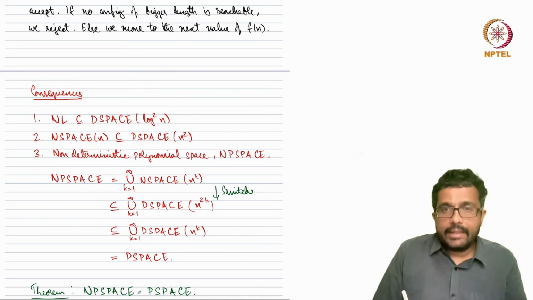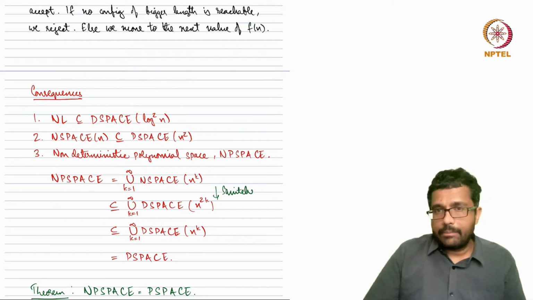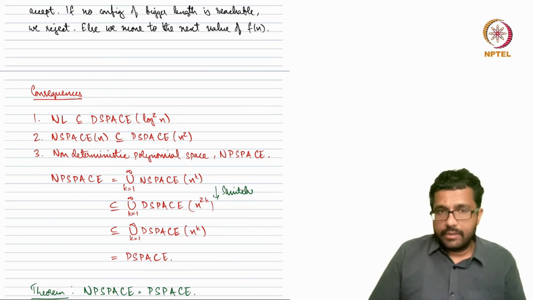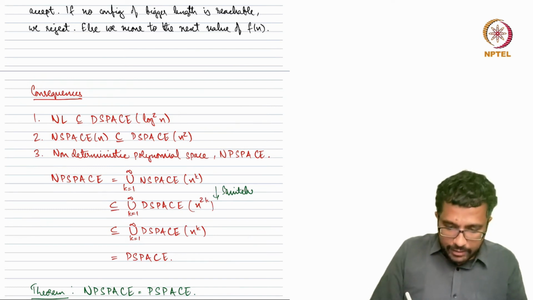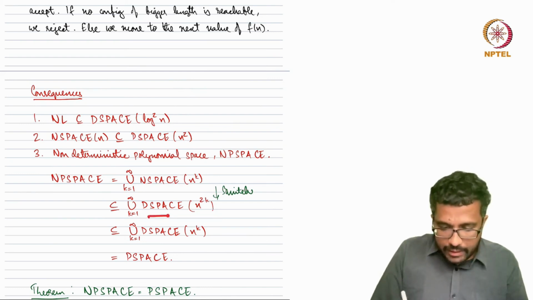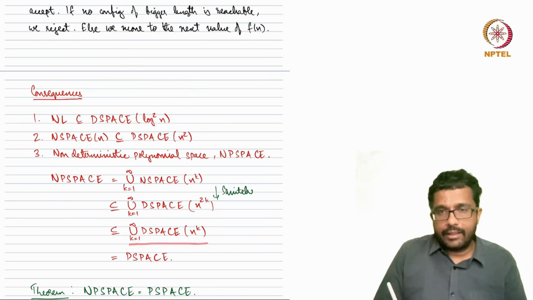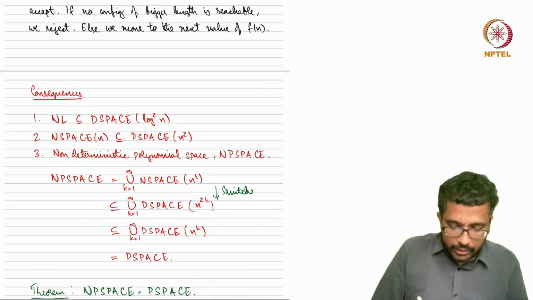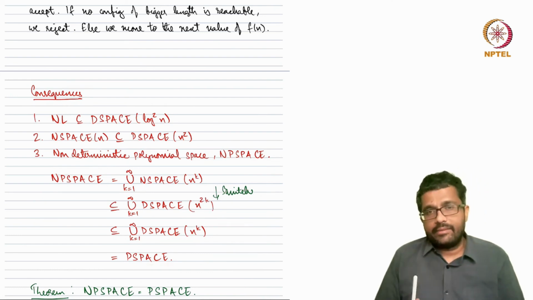So whatever was contained in NSPACE(n) is contained in DSPACE(n squared). Whatever was contained in NSPACE(n squared) is contained in DSPACE(n^4). NSPACE(n cubed) is contained in DSPACE(n^6) and so on. All of this is contained in the union of DSPACE(n^k) for k from 1 to infinity, right? So basically what this is saying is that non-deterministic polynomial space is contained in deterministic polynomial space.